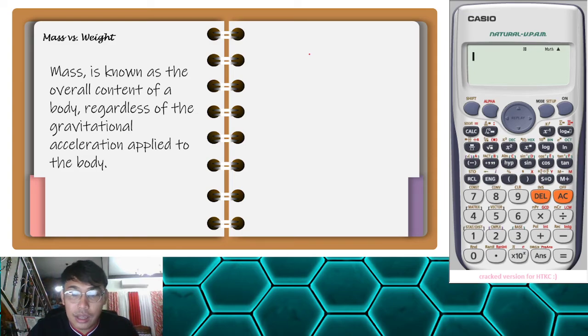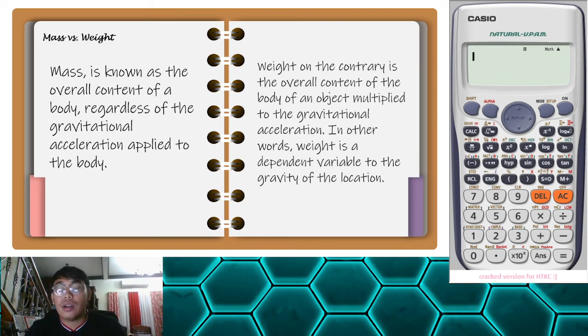So next is the weight. The misconception about weight is that when you are asked, what is your timbang? Normally when we talk about weight, it is timbang. But what most people don't know is that when we talk about weight, gravity is incorporated.